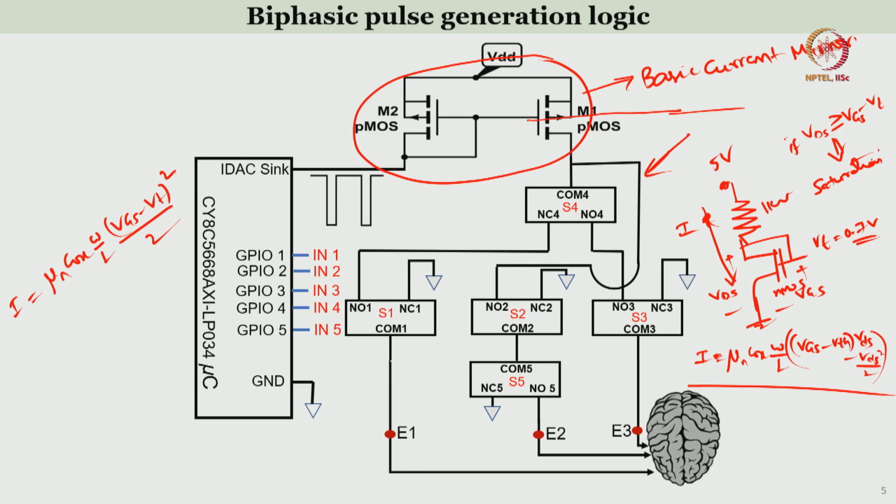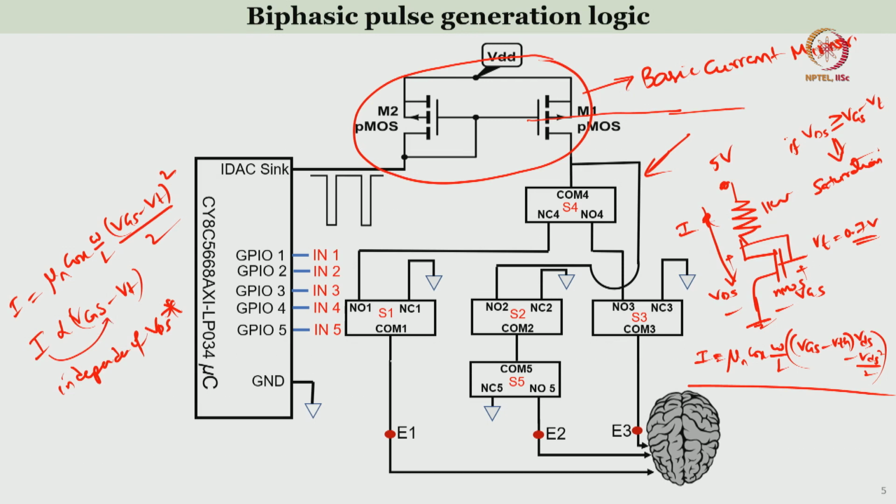That means your current is proportional to (Vgs minus Vt) whole square, so it is independent of Vds. Terms and conditions apply, okay. This is not 100% true all the time. There is something called the channel length modulation effect that comes in later on, okay. So, assuming this, your I is proportional to (Vgs minus Vt) square.